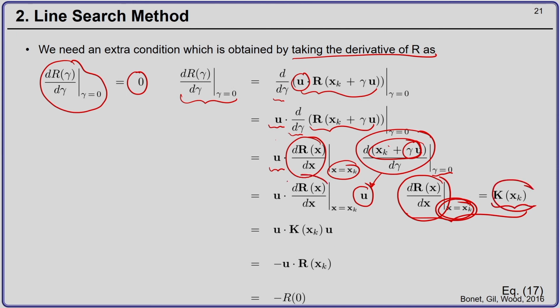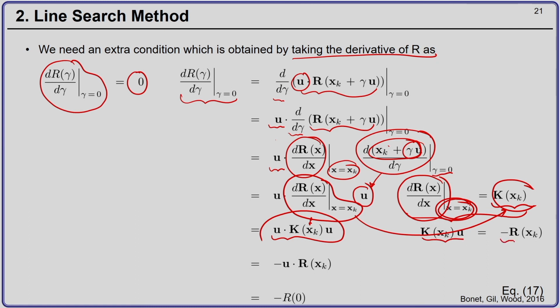So, this dR by dx evaluated at the current position is K into u, and that is what we substitute here. So, we get u dot K into u, but also we know that K into u is nothing but minus of the residual at the current position. So, K into u is nothing but minus of u dot R of x k.